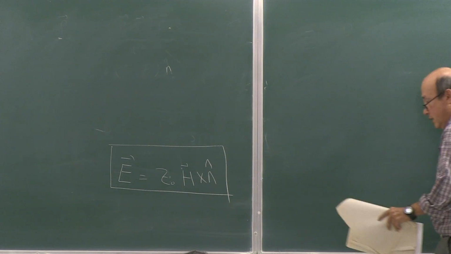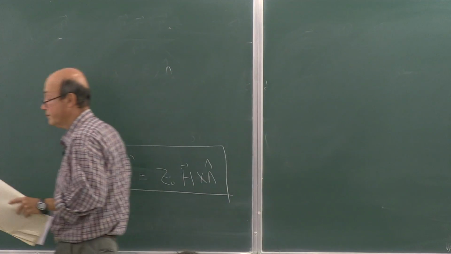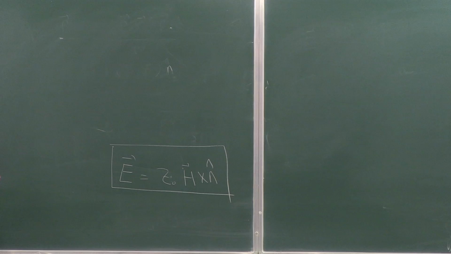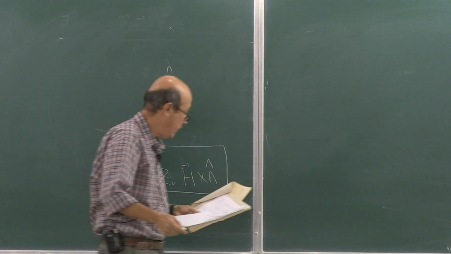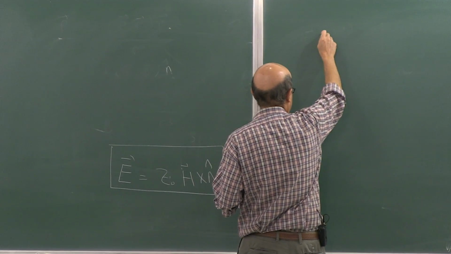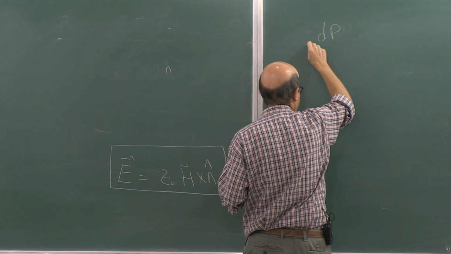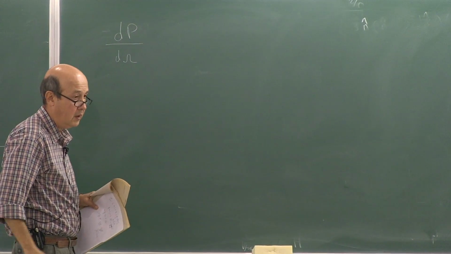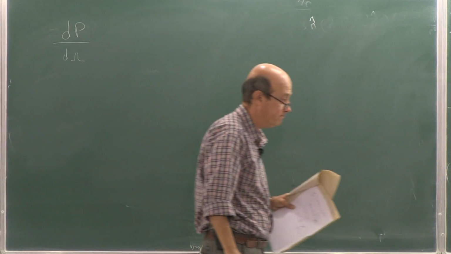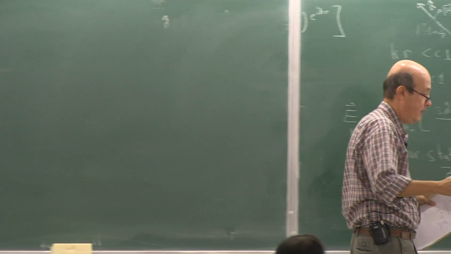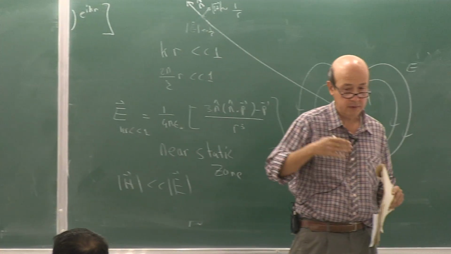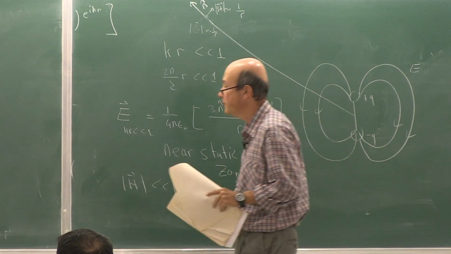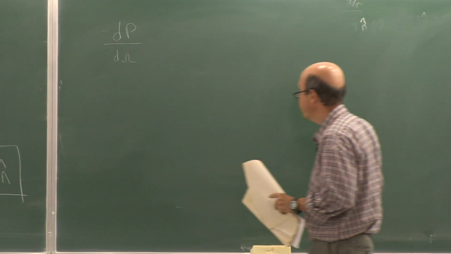So I shouldn't erase the magnetic field, I will need it. So what I'm going to do is calculate the power emitted per solid angle. That is related with the what? Poynting vector dot product with the surface vector.